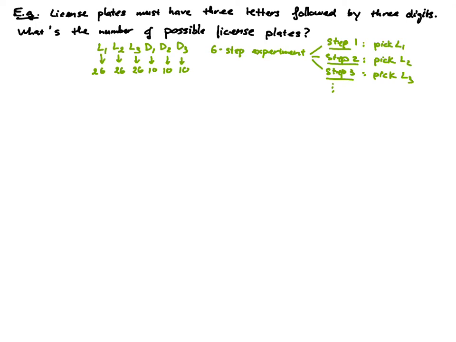So you have A through Z, and then for digits, you have 0 through 9. And so you have these numbers, these outcomes for these individual steps.